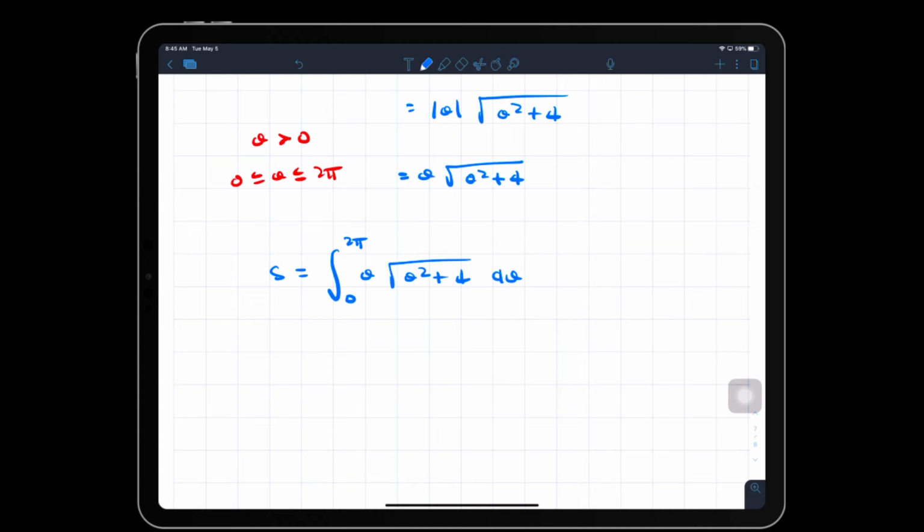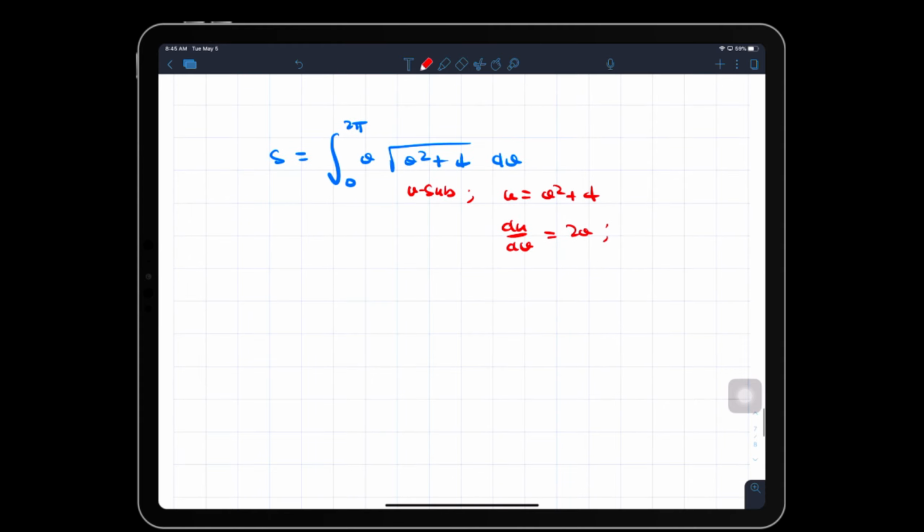And now you say, well, how do I integrate? Well, this is a u sub question where u is theta squared plus 4. du d theta is 2 theta, or we can say simply that d theta is du over 2 theta. So the integral from 0 to 2 pi of theta, u to the 1/2, du over 2 theta, where they cancel.